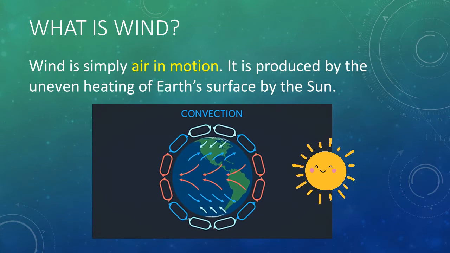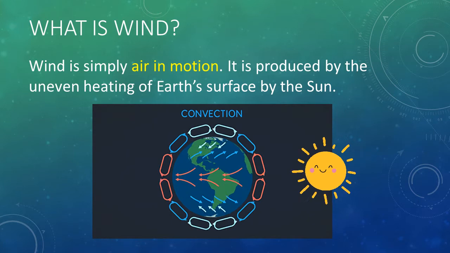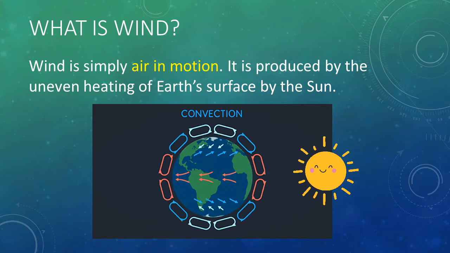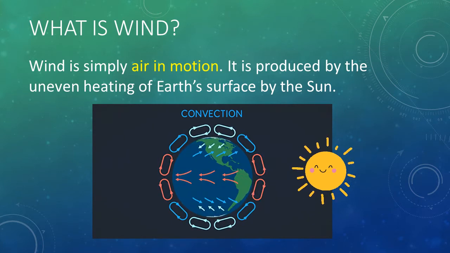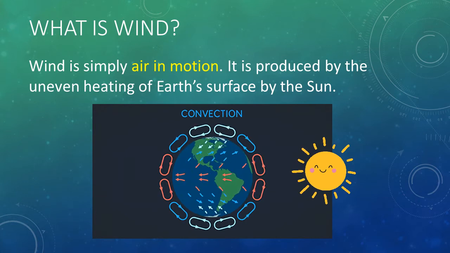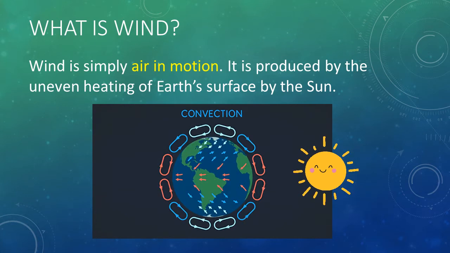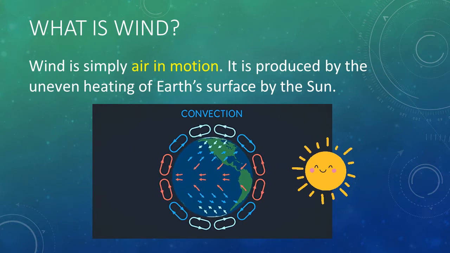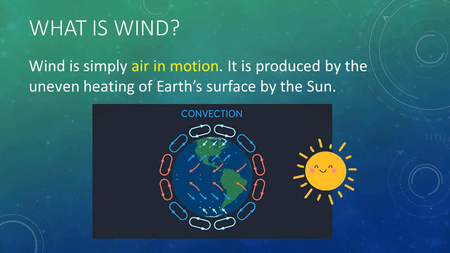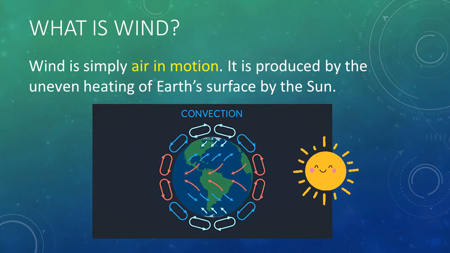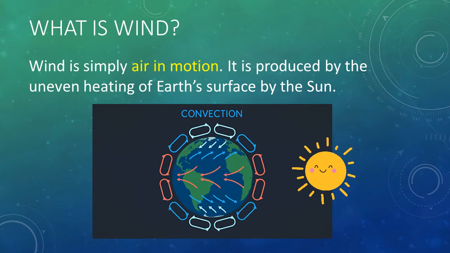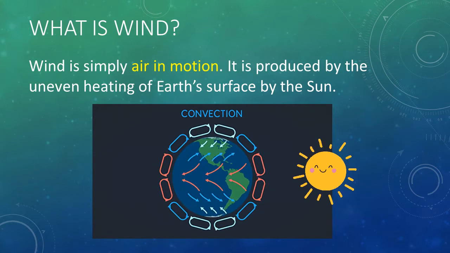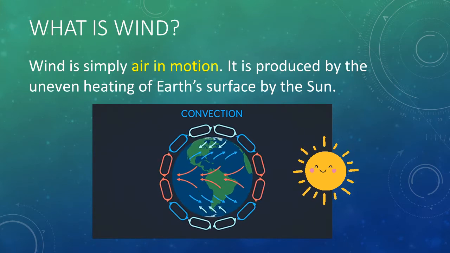And as those air molecules warm up, they begin to move faster and further apart, causing them to rise. The air higher in the atmosphere is cooler, and it begins to sink. Thus, we get wind movement.